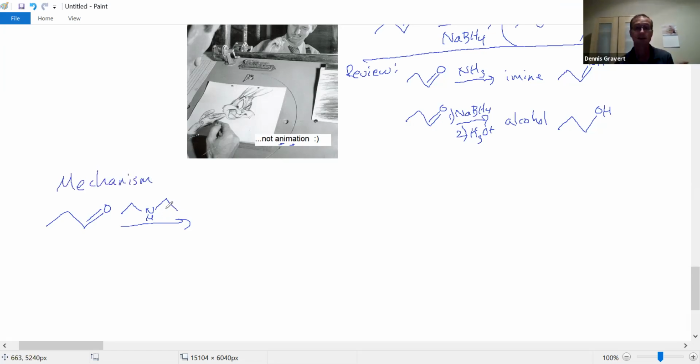The mechanism will be the same whether nitrogen has 2 groups of carbons, 1 group, or no groups, and then it would be just NH3. Okay, the mechanism begins by forming the amine.